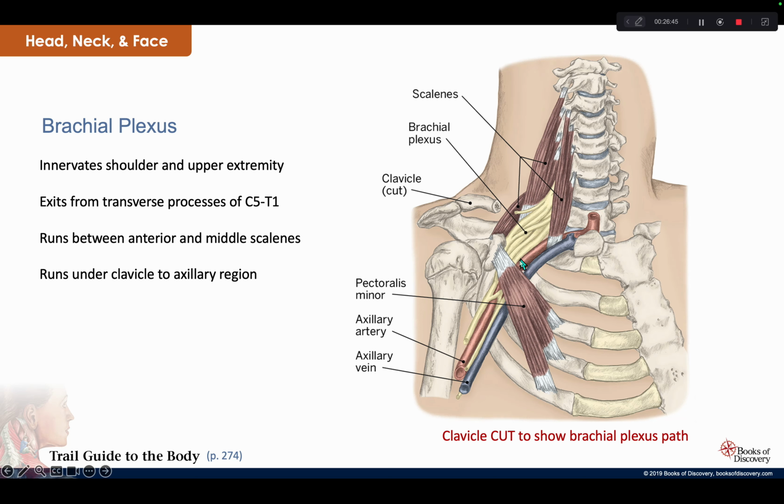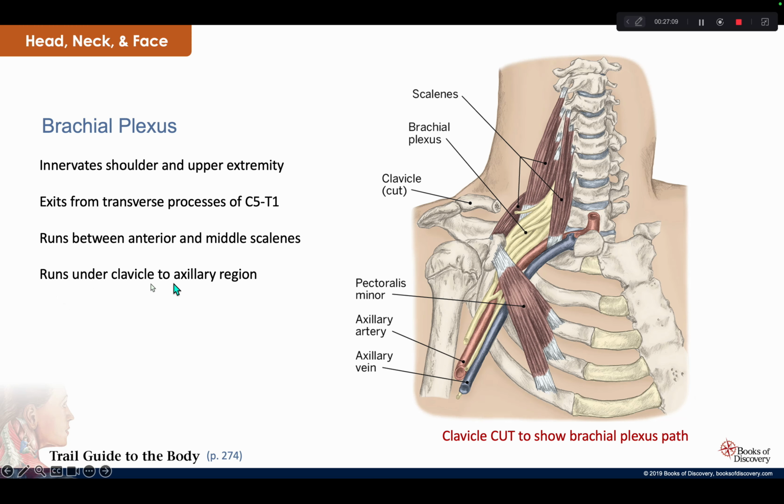This is the front of the body. And it runs between the anterior and the middle scalenes. So that's why we are working the scalenes when dealing with thoracic outlet syndrome, which would be what's happening with the brachial plexus being pinched in some way.